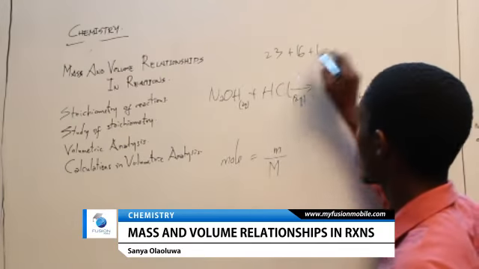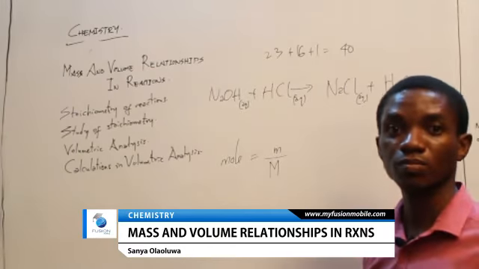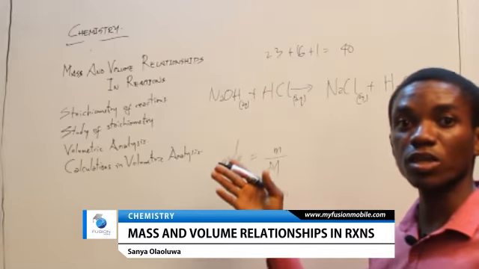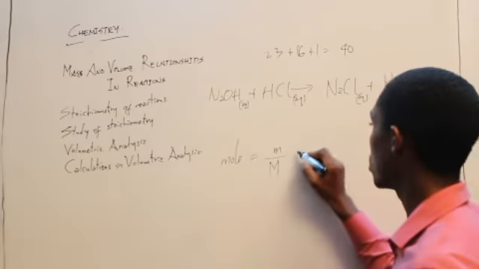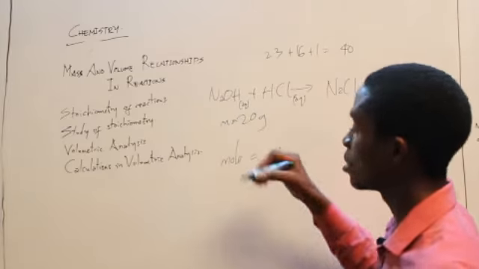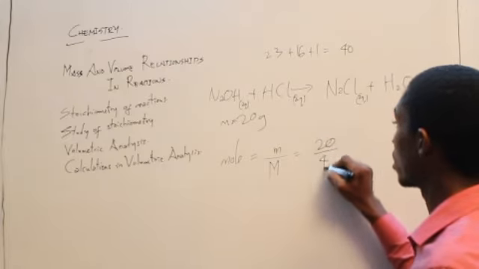So sodium hydroxide has a molar mass of 40, and we're talking about 20 grams of it. So that means we'll have 20 divided by 40.